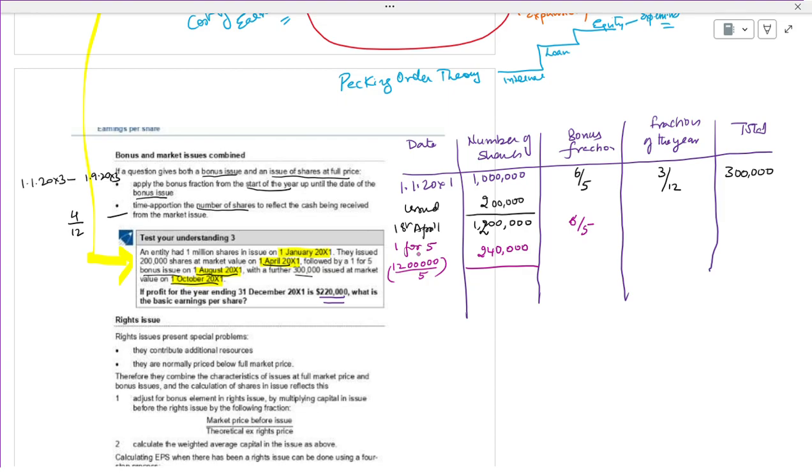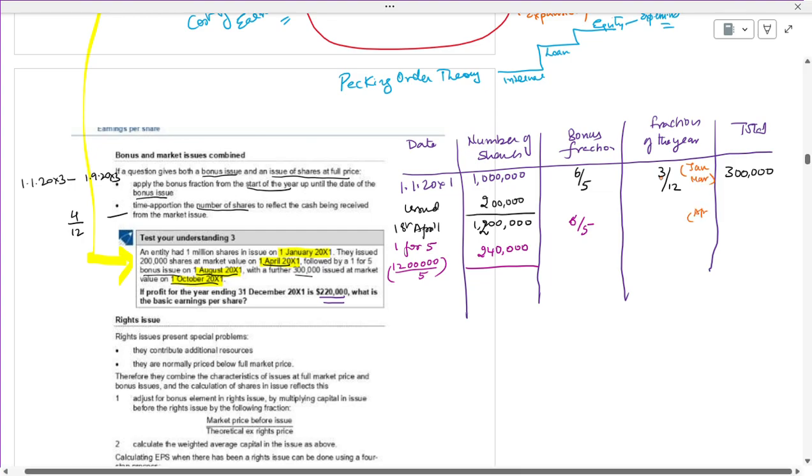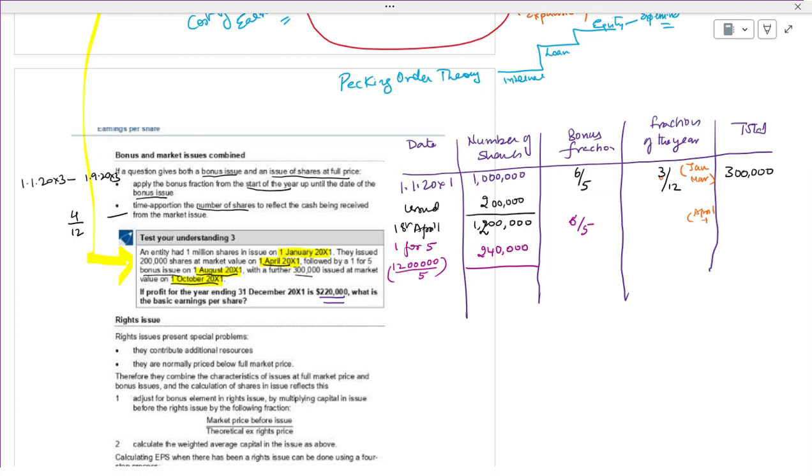From when do we have to count? From April. See, the first one we counted, listen carefully, from January to March, which is 3 by 12. Next, we have to count from April to August.